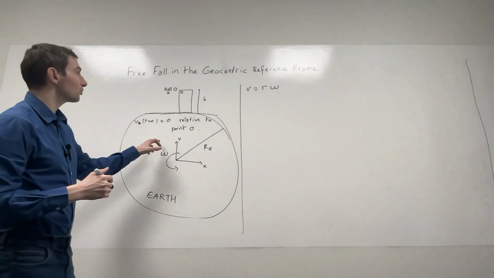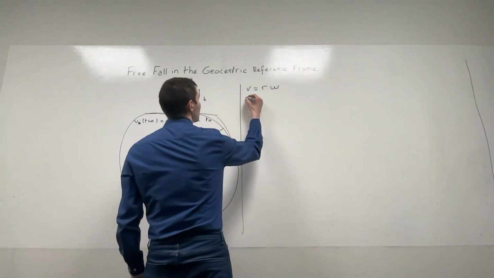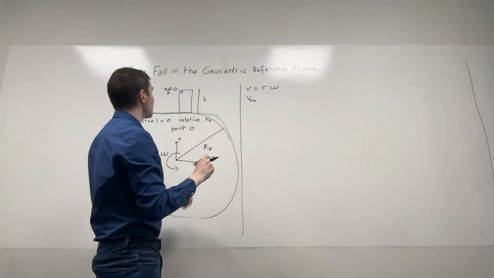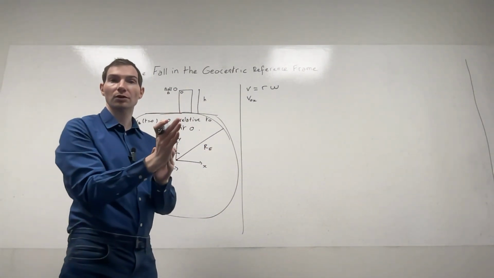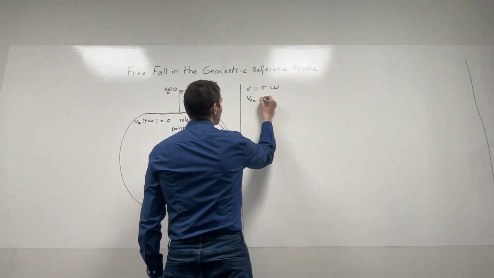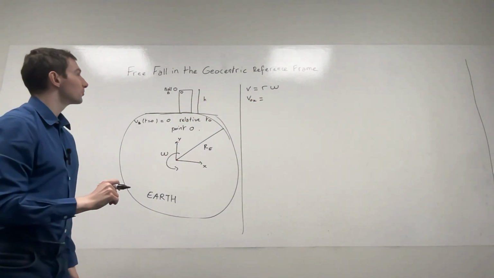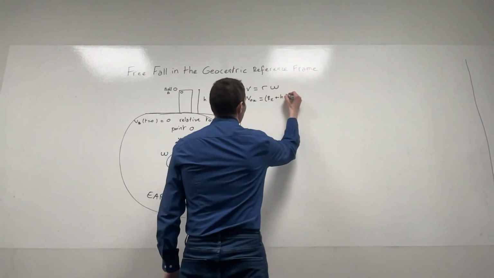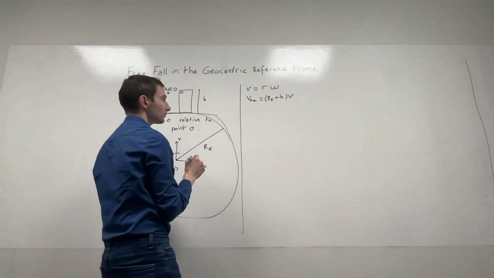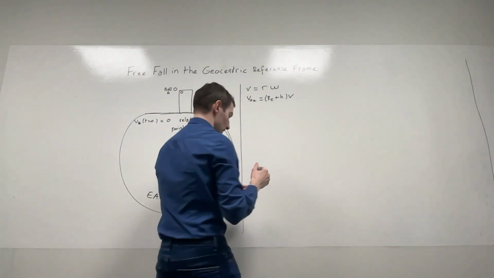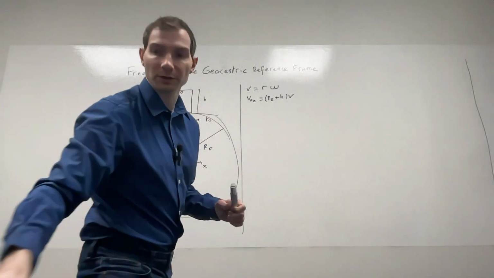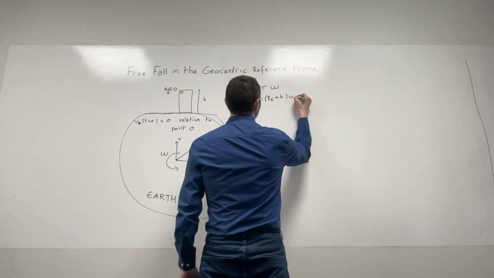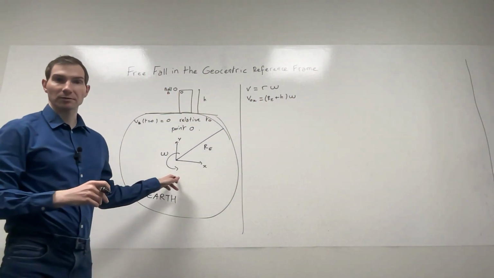Okay? And then what we have is that the velocity of point O in the x direction, so here I'm assuming that I'm in a locally vertical direction, V_Ox is equal to, and here again that's the magnitude, Re plus H times omega in this geocentric frame, okay?